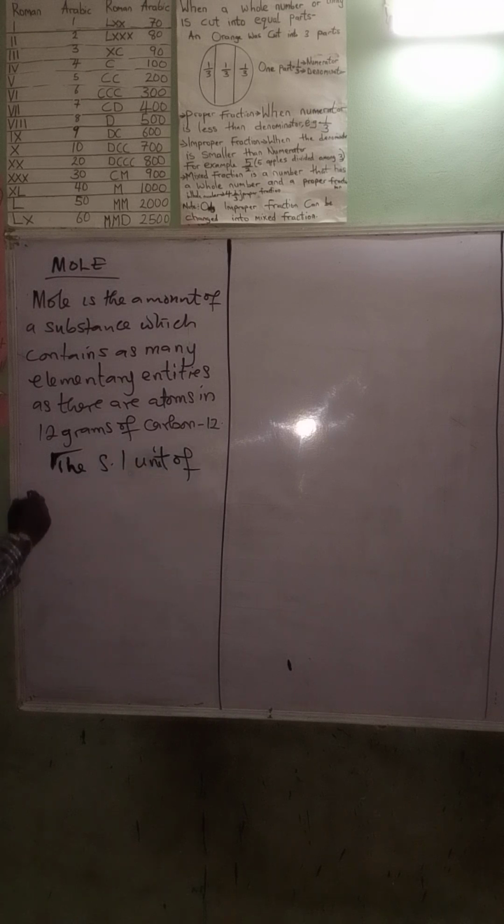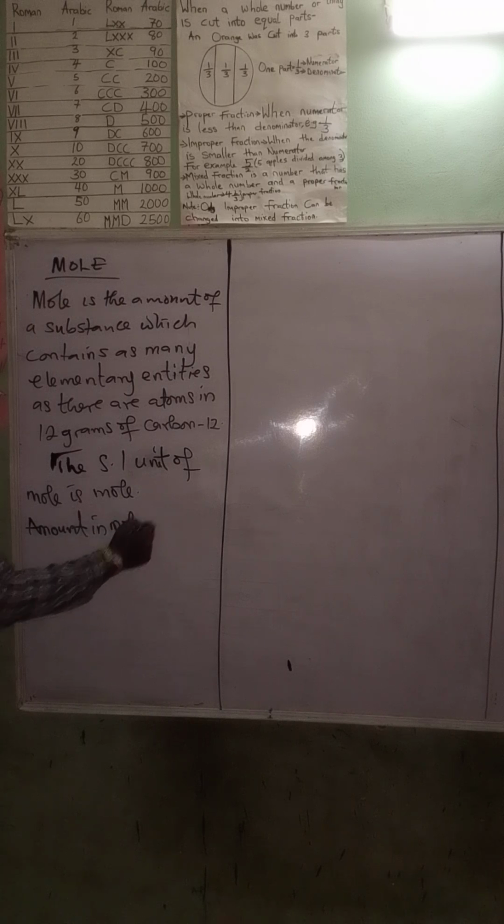Now, the SI unit of mole is still mole. The SI unit of mole is mole. Then there is what we call amounts. Amount in mole is also known as number of mole.